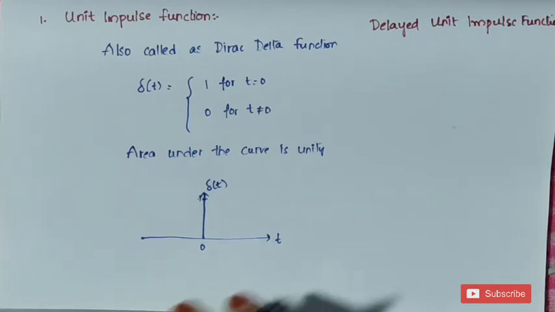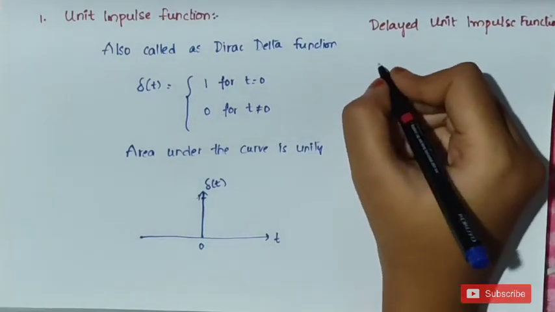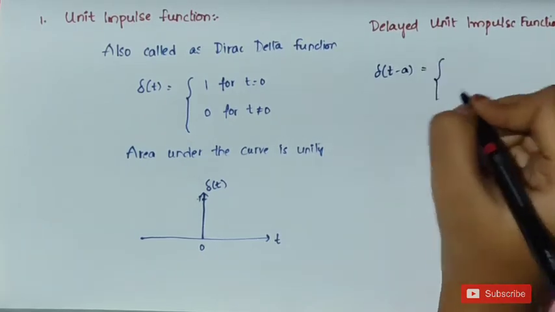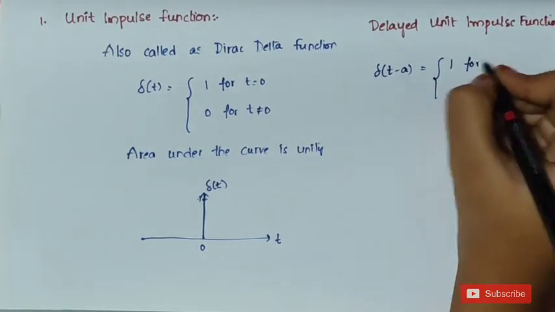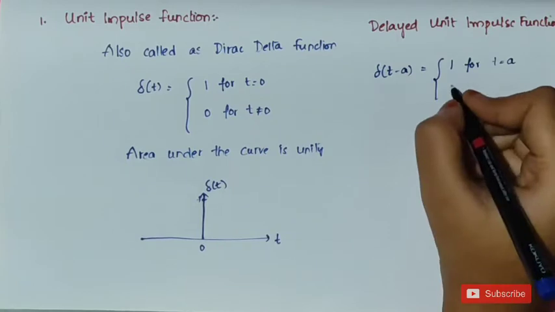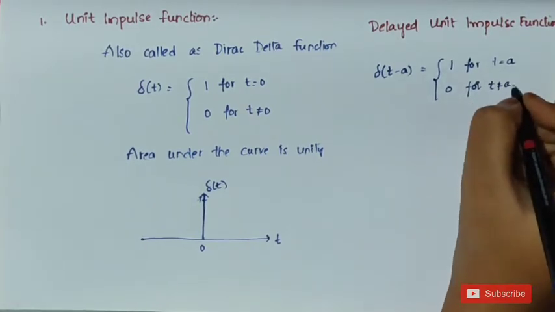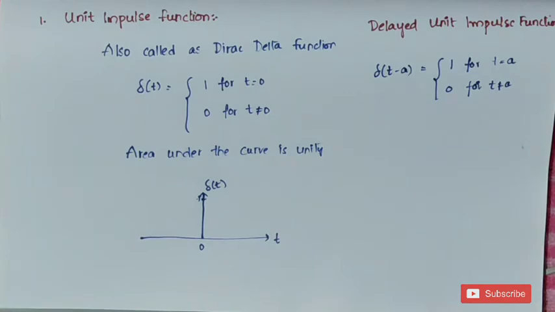In the delayed unit impulse function, the mathematical expression is delta of t minus a equals 1 for t equal to a and 0 for t not equal to a.